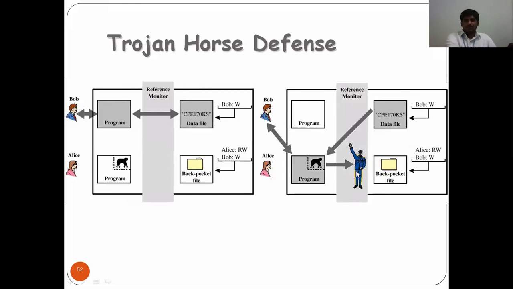In the previous diagram, if you remember, the Trojan horse through which we send data sends it back to the packet, with Alice reading and writing and Bob writing the data. In between we place a policeman, a man in the middle, to protect them. The man in the middle protects the data.